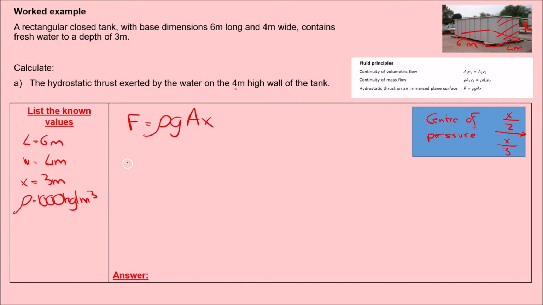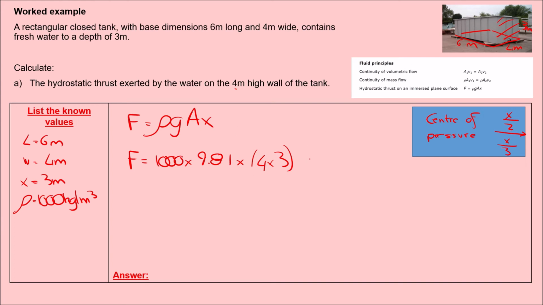So let's go ahead and pop some numbers in. Force is equal to 1000 times 9.81 times the area. The area that we need is the area of the side of the tank, so that's 4 times 3, not the 6 previously because that's the length.